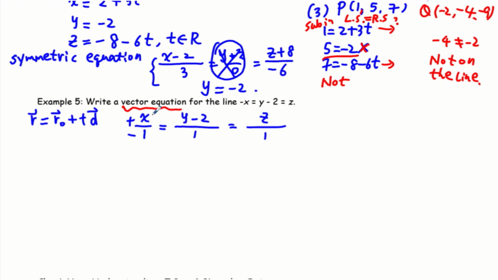Then this one, no number subtracted means 0. So we know that the numbers subtracted are our x0, y0, z0. So we have r0 equals (0, 2, 0).